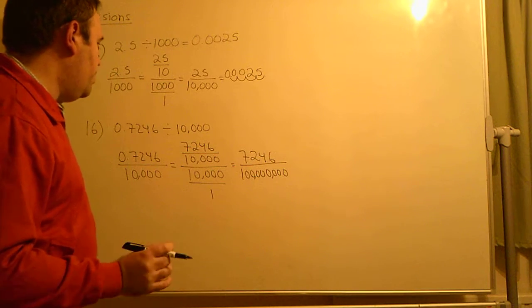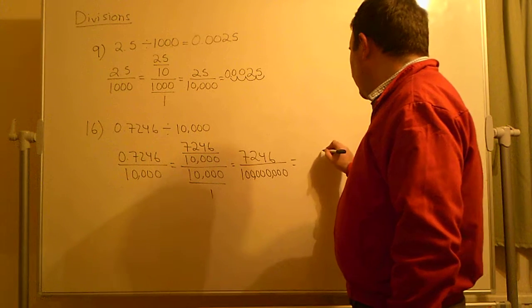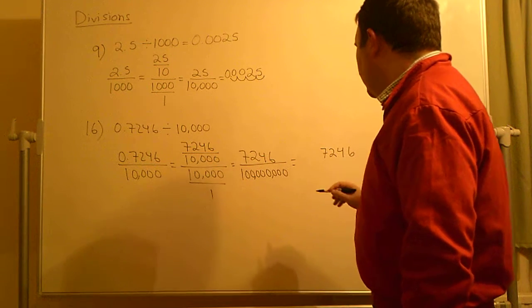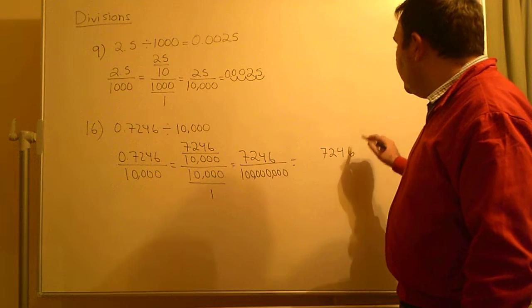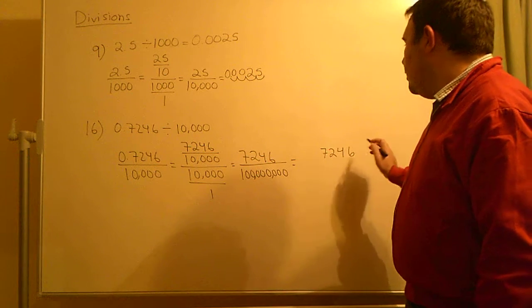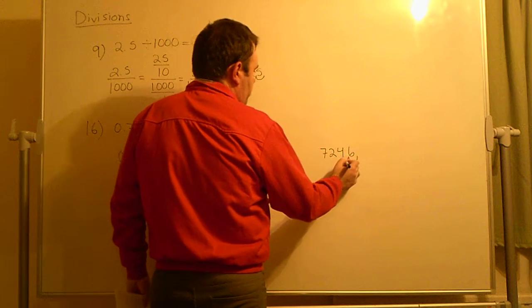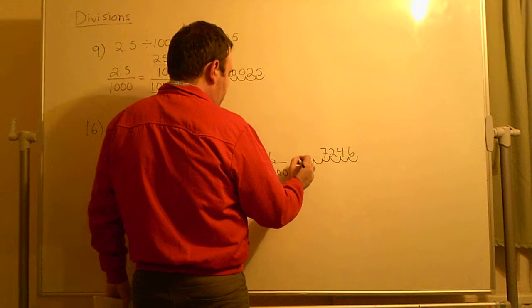So now if we want to turn this into a decimal, we write down 7,246, and let's see how many zeros we have. We have 8 zeros, so we need to move the decimal point 8 places to the left. So we start like this: 1, 2, 3, 4, 5, 6, 7, 8.